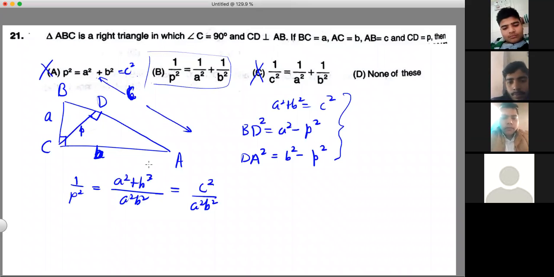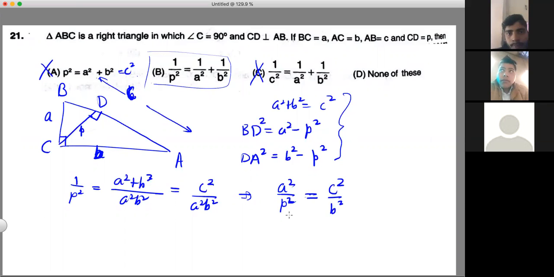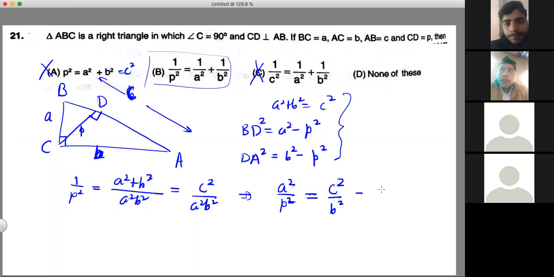Now I can write it as a square by p square is equal to c square by b square, which means a by p is equal to c by b.